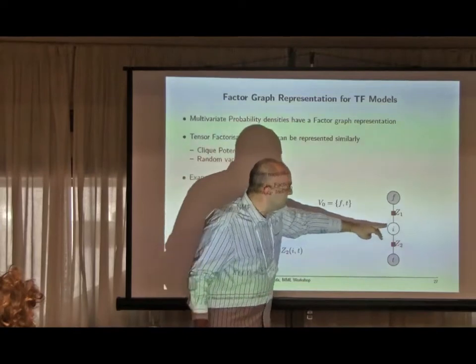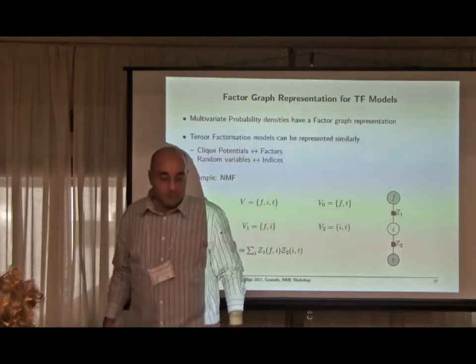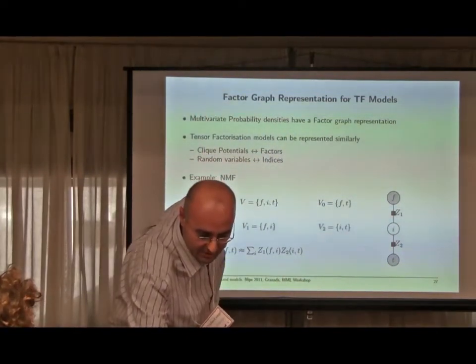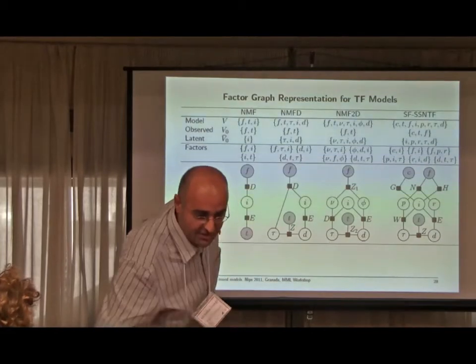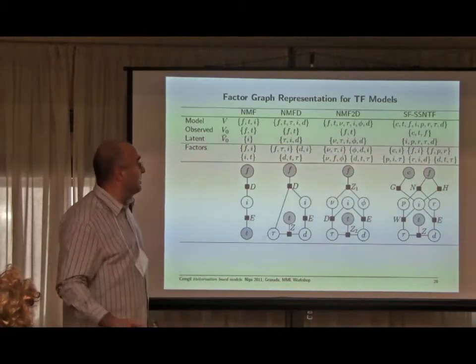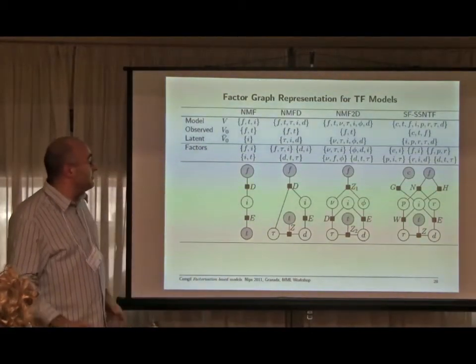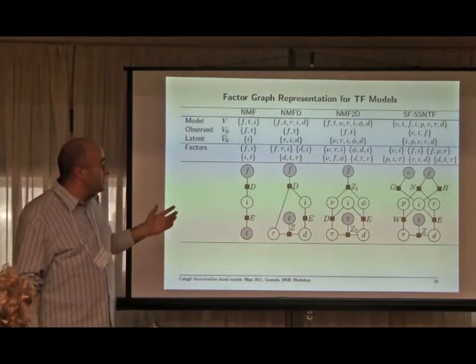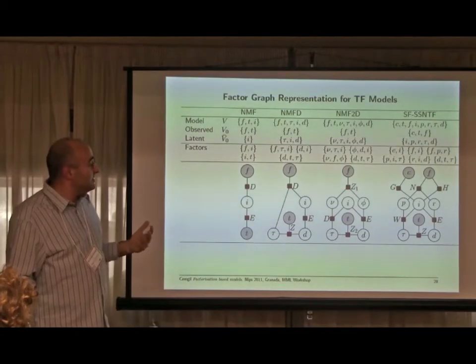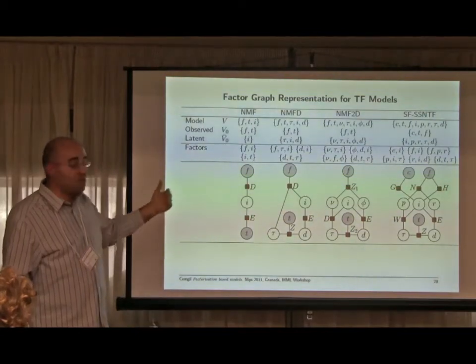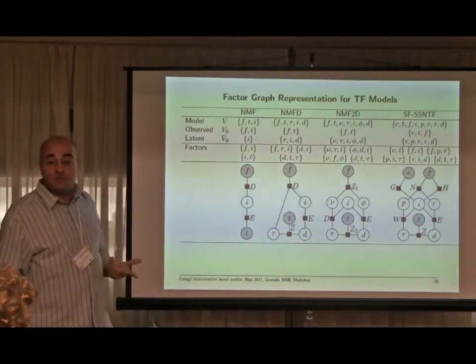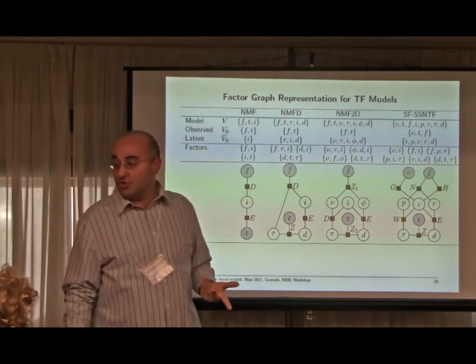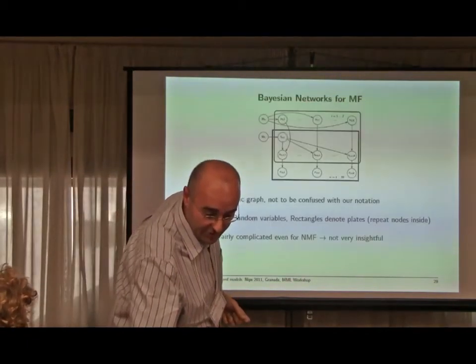Z2 has I and T, so I and T are connected to that factor. Using this framework, you can describe several different models with increasing complexity. The nice thing is that once a model is described in this framework, the inference algorithm is readily available, so you don't have to derive it from scratch.